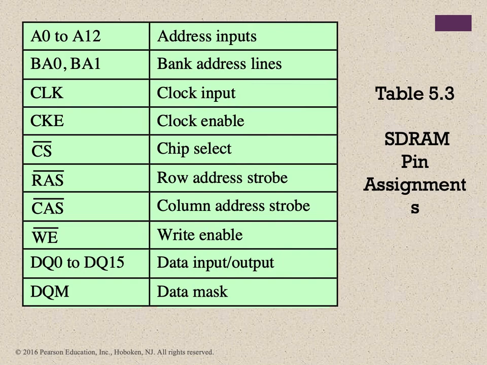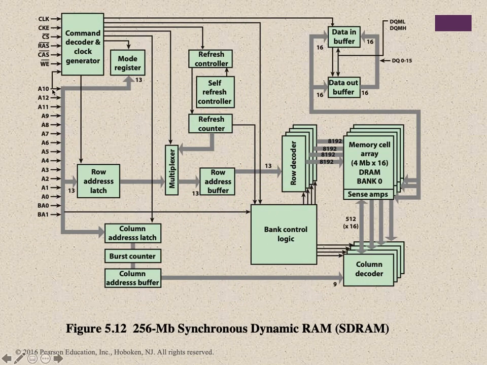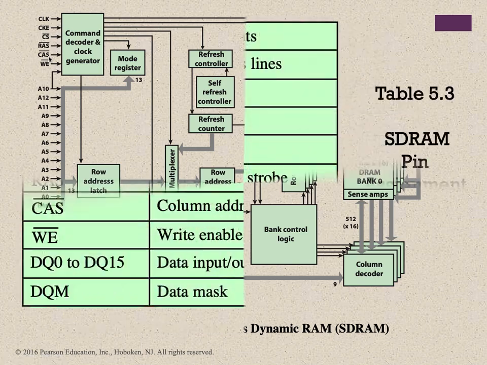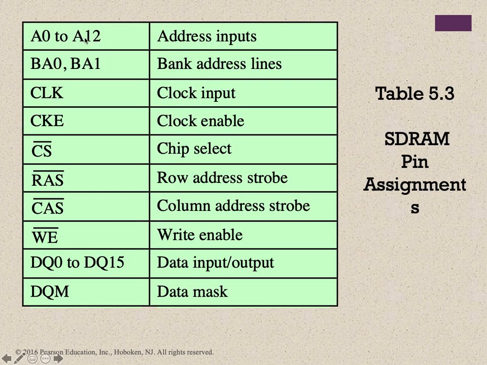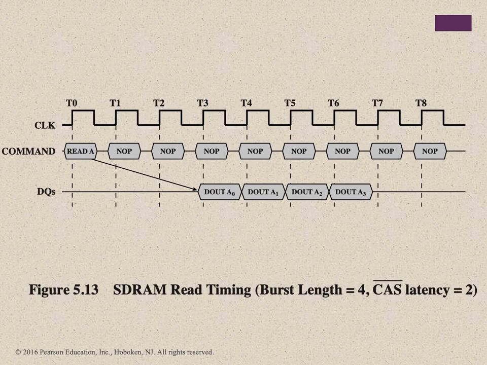There are multiple pins, A0 to A12, and then some control signals. The explanation of these pins and the control signals is given here. You can read this. This is the SDRAM timing. The burst length is 4, and the latency is equal to 2. These are the clock cycles at time t0, time t1, time t2 up to time 8.